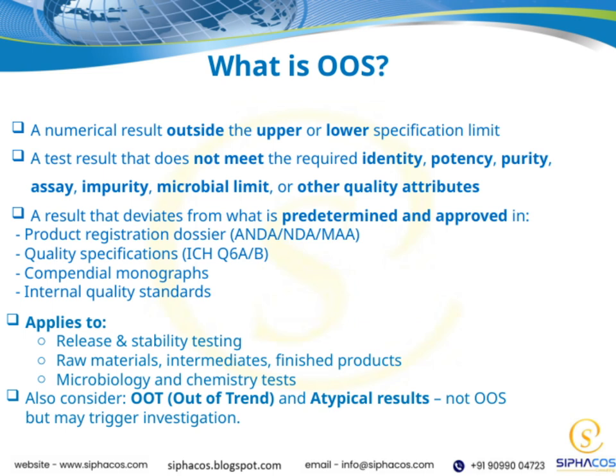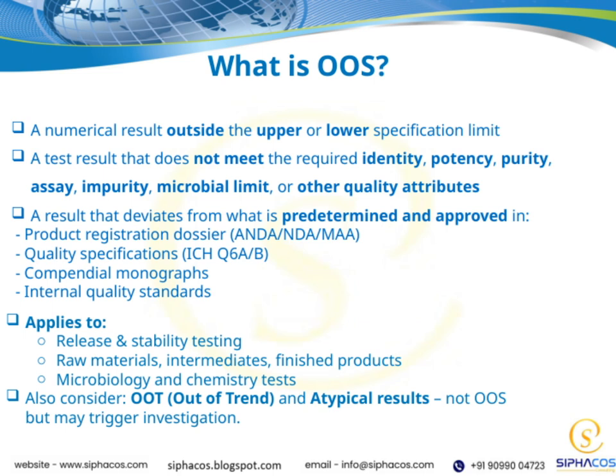It's also crucial to compare our results against predetermined and approved standards, which are documented in various references like the Product Registration Dossier, whether it's an ANDA, NDA, or MAA, our internal quality standards, ICH guidelines like Q6A or Q6B, and compendial monographs. Any deviation from these can be a red flag.